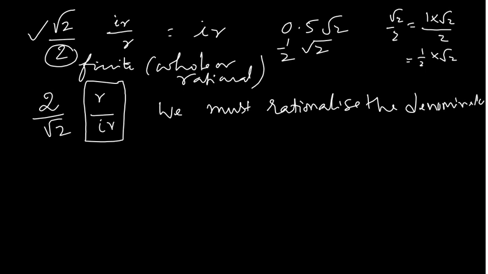We can't decide without getting into this form. That is when you can decide. That's the important step here, rationalizing the denominator. So you are converting the irrational denominator into a rational one.